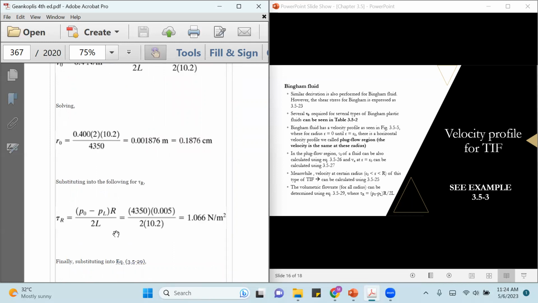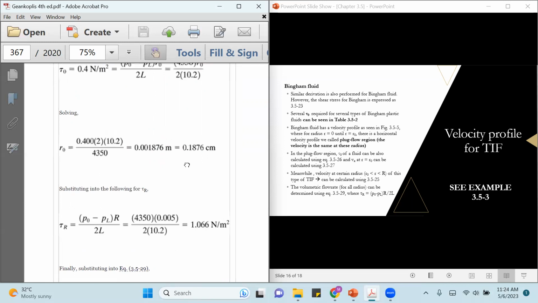For tau R, we also have to find tau R to fill in equation 29. So tau R is equal to delta P times R, capital R, over 2L.